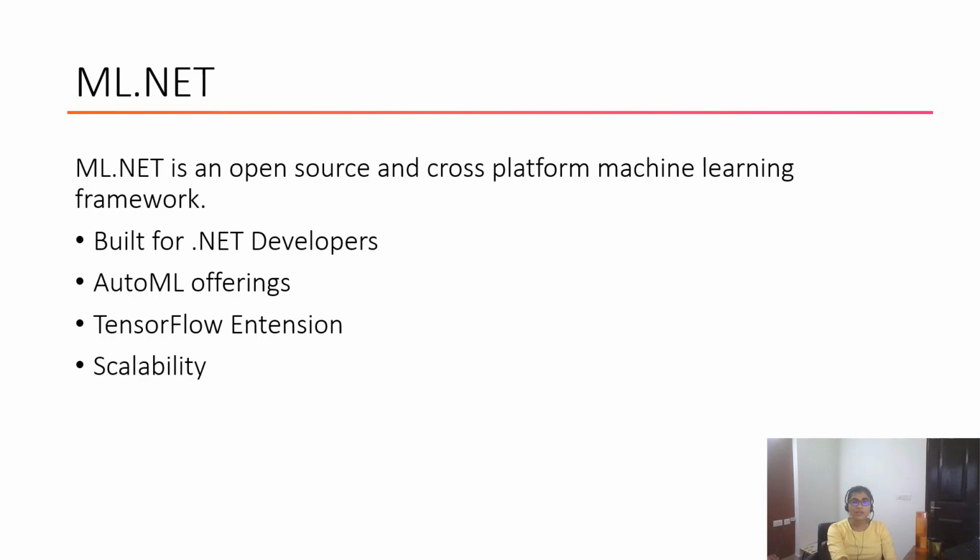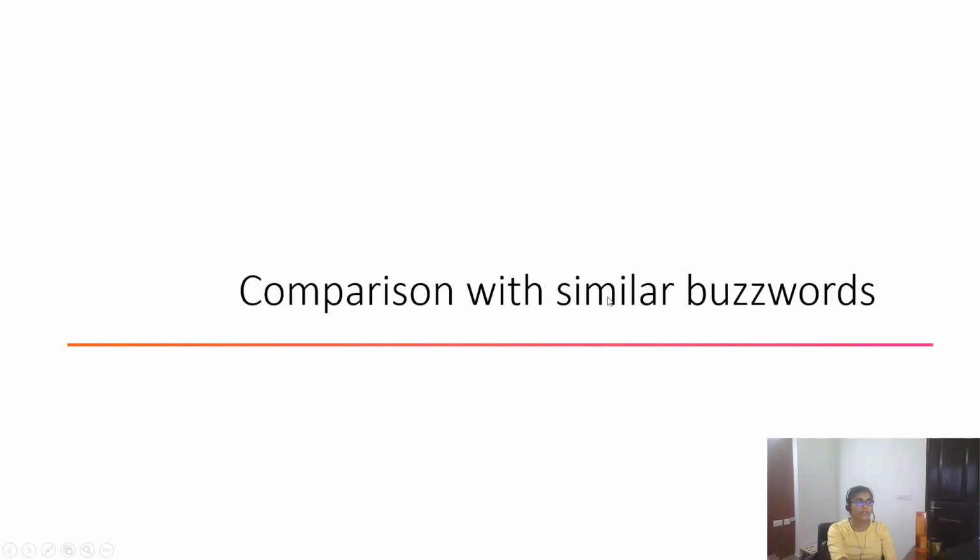Let's talk more about the buzzwords present in this whole machine learning space. There are a couple of hyped-up terms, so to understand ML.NET better, I'll quickly try and explain the difference between artificial intelligence, machine learning, deep learning, and artificial neural networks.